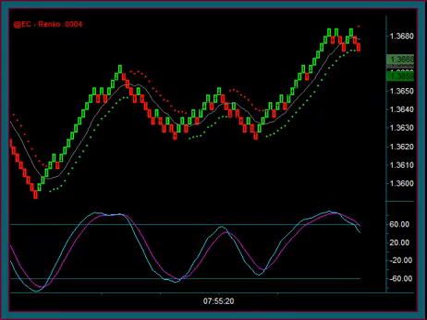The euro currency, it's a fine market to trade. The biggest problem that I've ever had with it was after the index futures open, it seemed like there was often a lot of consolidation in the euro.